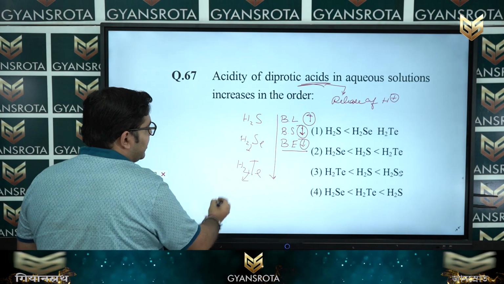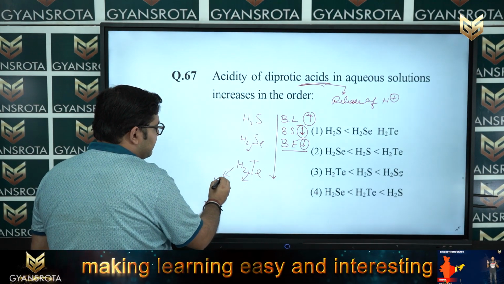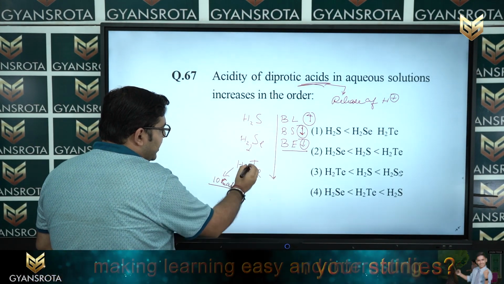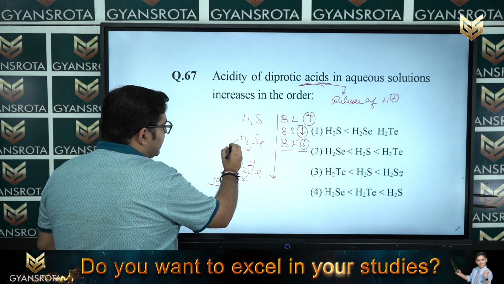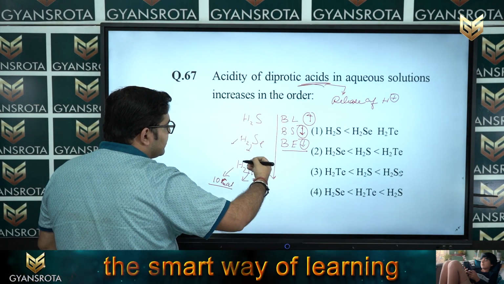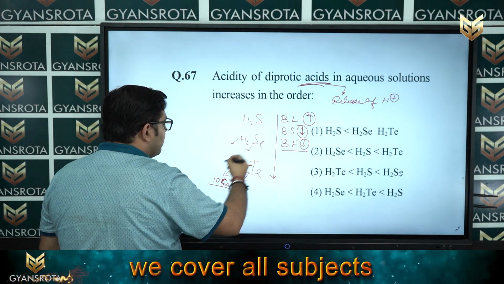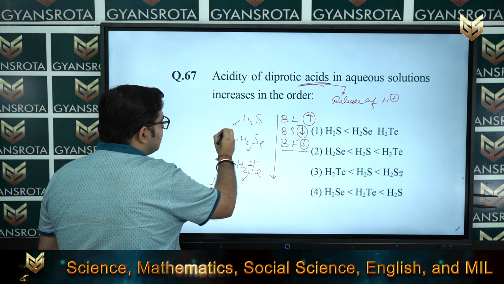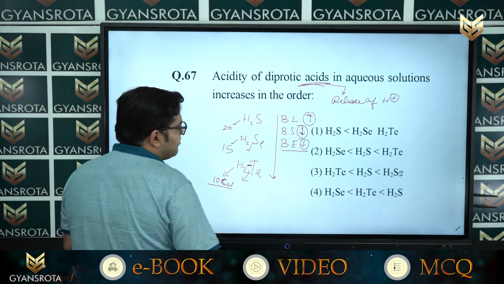Now, suppose we have to provide 10 calorie to break this bond between Te and hydrogen, but for this one we require more energy, because the bond energy will be more. So, for this maybe it is 15 and for this one it will be 20. This is just a number, for understanding purpose.